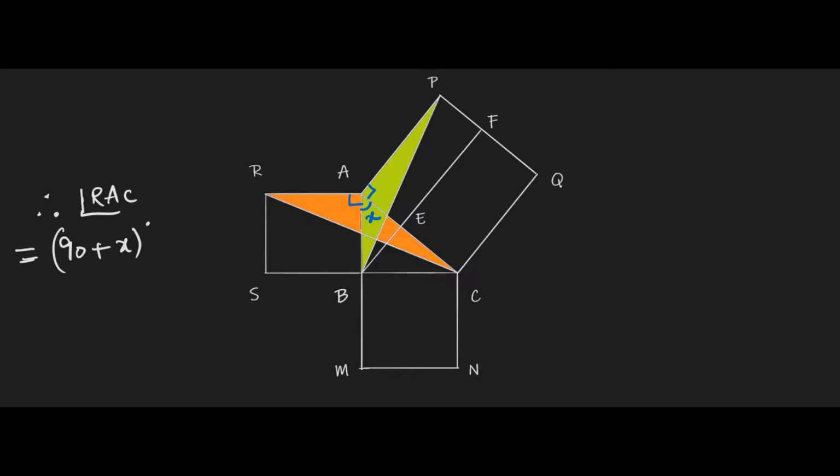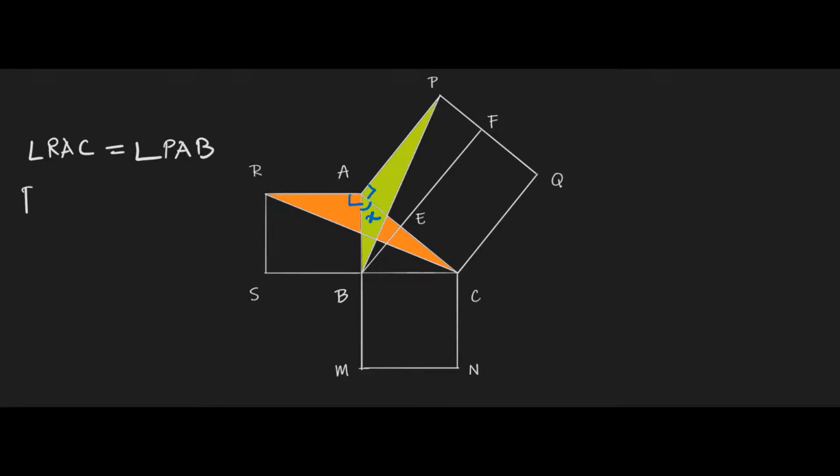Right? Similarly, in the yellow-green triangle PAB, angle PAB is equal to 90 plus X degrees. So now focusing on the two colored triangles, we have determined that angle RAC is equal to angle PAB.